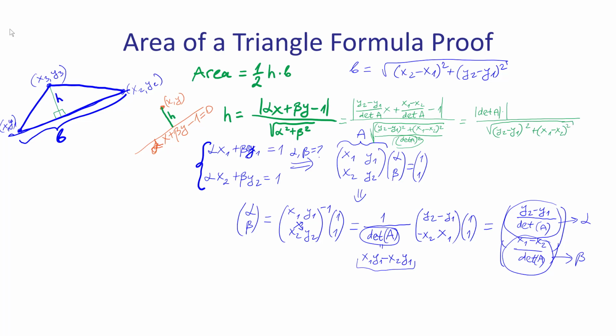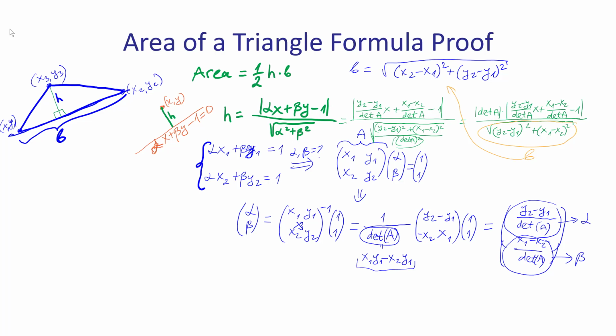And here I will have the same thing, y2 minus y1 divided by det A multiplied by x, plus x1 minus x2 divided by det A, minus 1, absolute value. Now pay attention to something interesting. That entire thing is essentially b. This is b. This is the same formula.